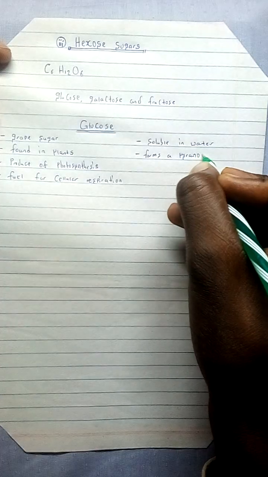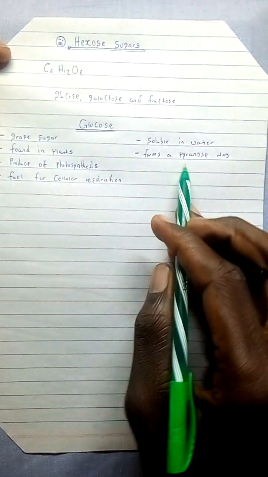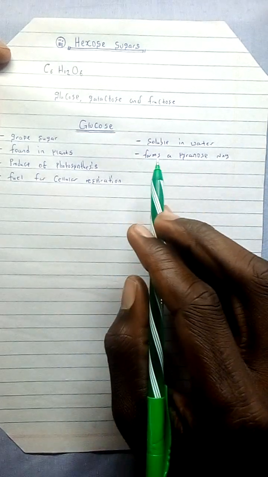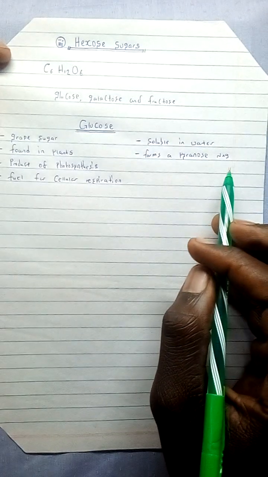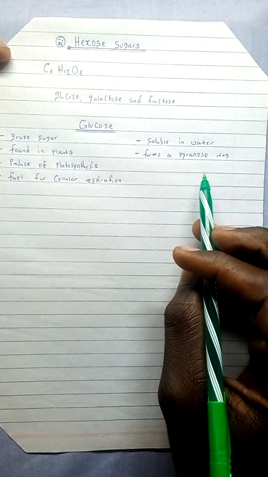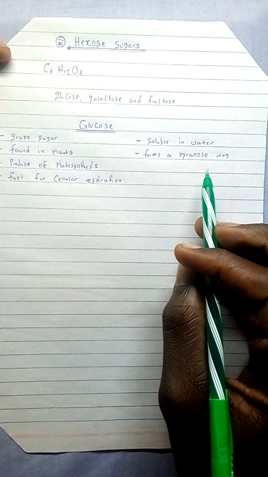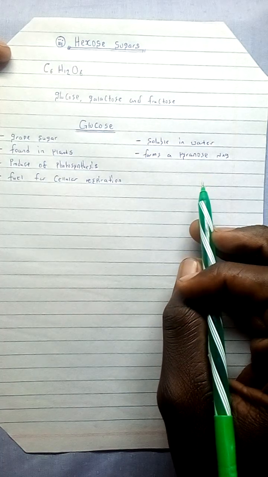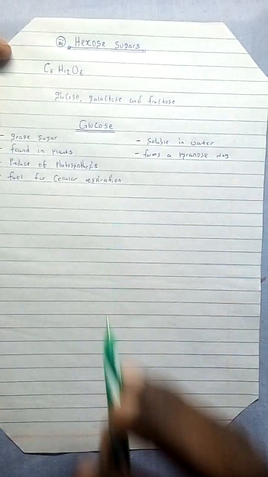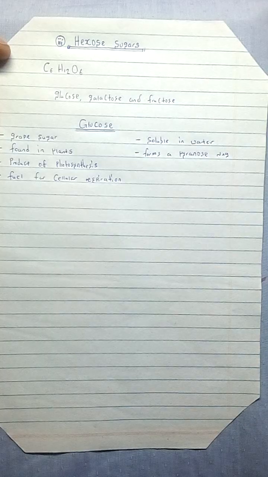Glucose forms a pyranose ring, galactose forms a pyranose ring, but there is an exception of fructose. Fructose, despite being a 6-carbon sugar, forms a furanose ring, just like pentose sugars. We'll discuss this as we proceed.